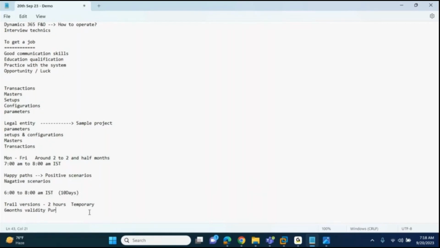The next option is 6 months validity. You can purchase from Rajashekar. His number is 94942. I did not remember the number, just give me a minute. 54826.